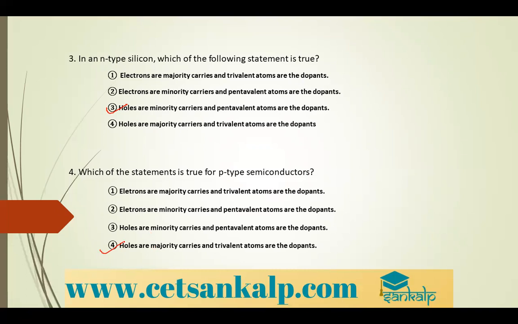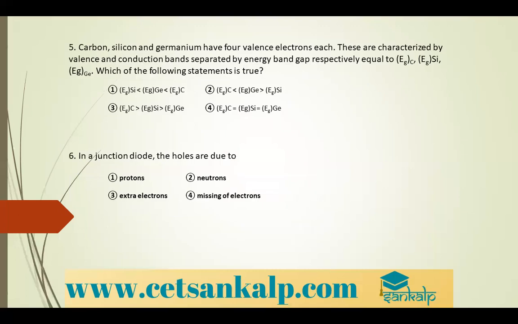Okay. Carbon, silicon, germanium have 4 valence electrons each.